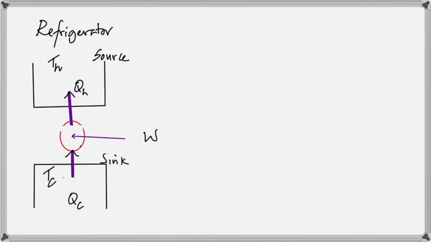Therefore, when we try to define the efficiency of a refrigerator, we do not call it efficiency, we call it the coefficient of performance, because it's going to be more than 100%, and it's defined as QC over work. See, it's flipped, and then you have QC instead of QH. So coefficient of performance of a refrigerator is QC over work.